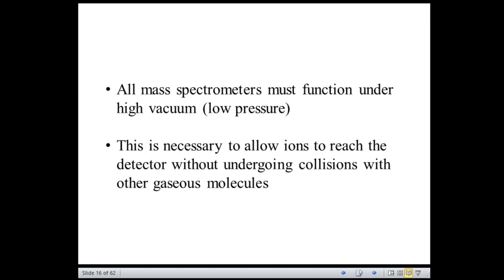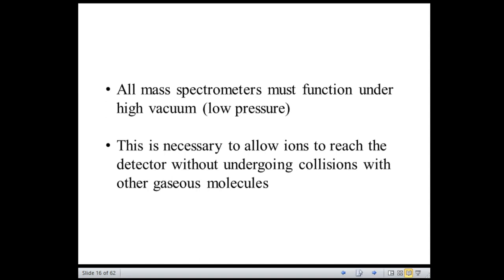If it loses its charge, then mass to charge ratio analysis is not possible. And the second thing is, on the other hand, ion molecule collisions could produce unwanted reactions, and if there are unwanted reactions, that increases the complexity of the spectrum that is given as an output.